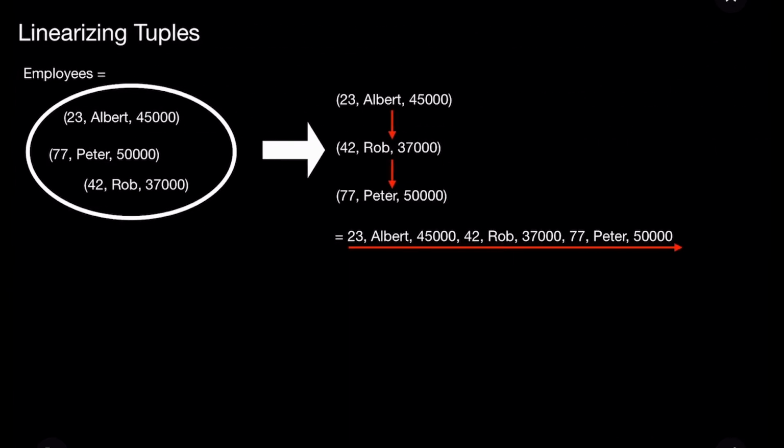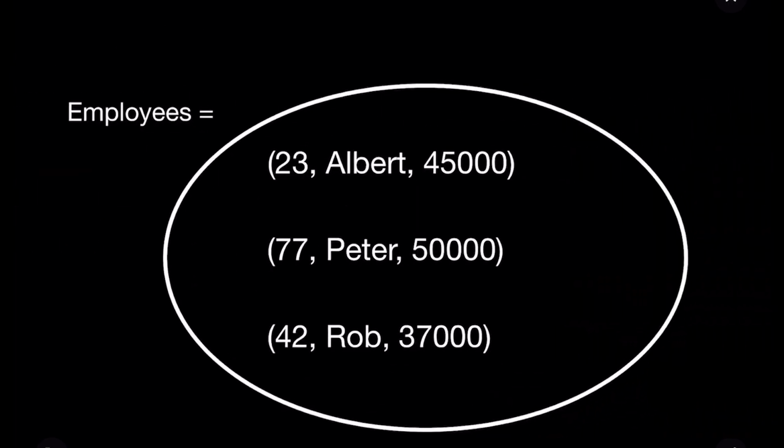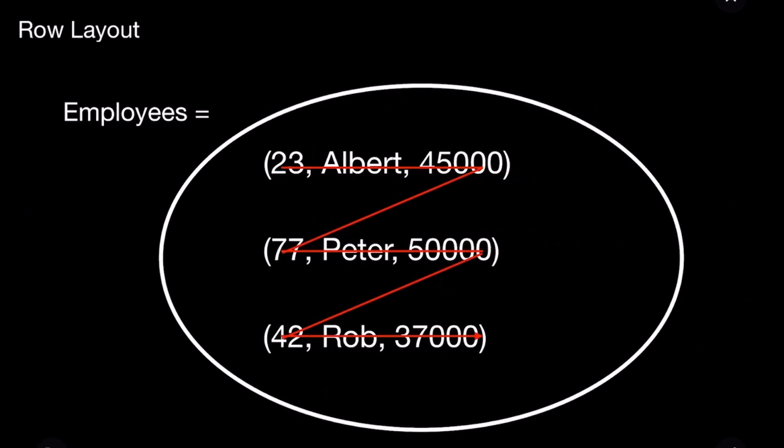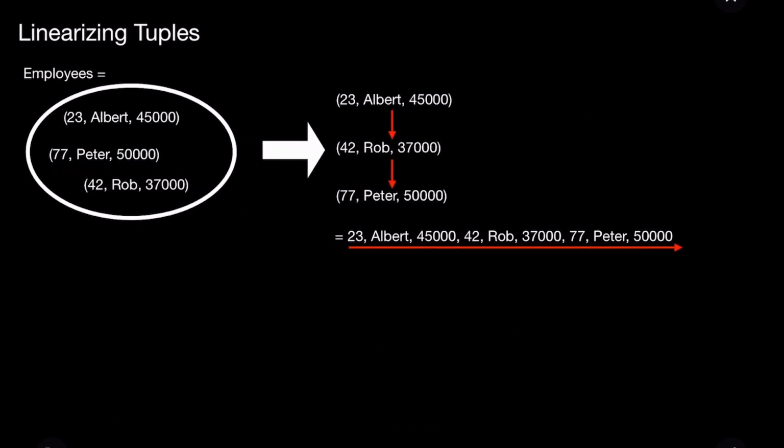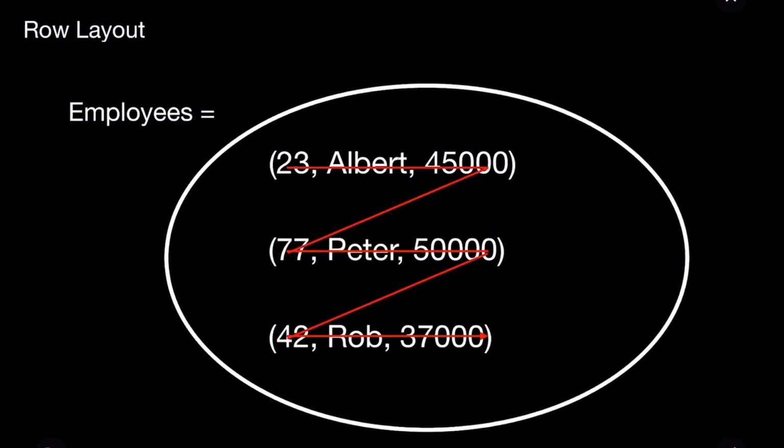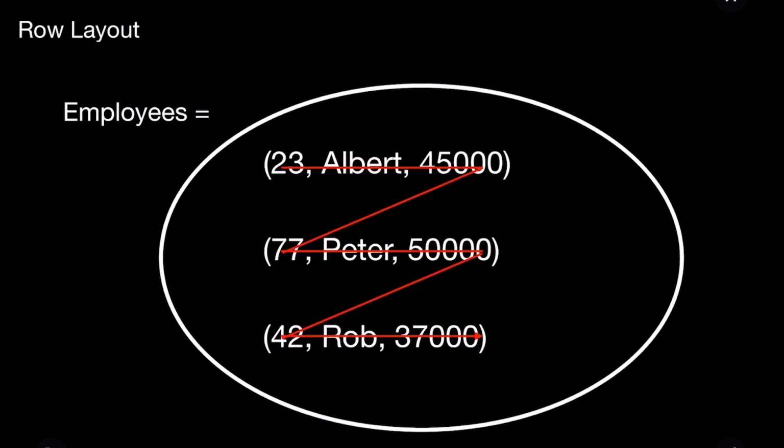So this is one linearization I showed in that mapping step. This is called a row-wise layout. The idea is that you serialize the tuples one by one. It doesn't matter whether you first linearize this tuple and then that tuple.